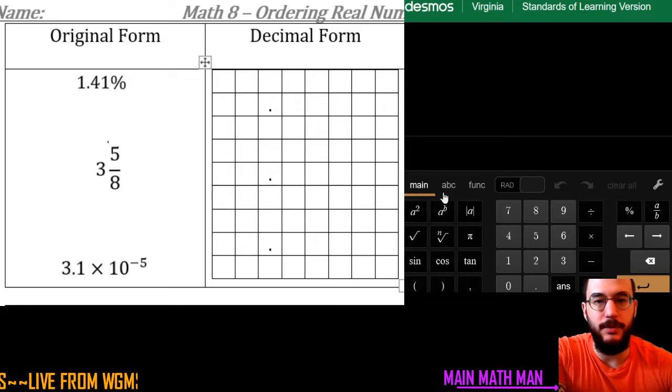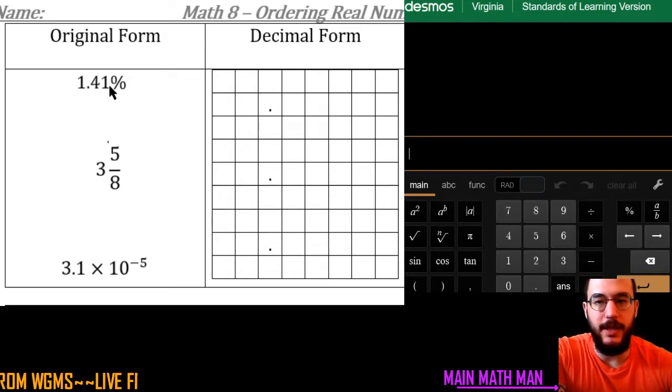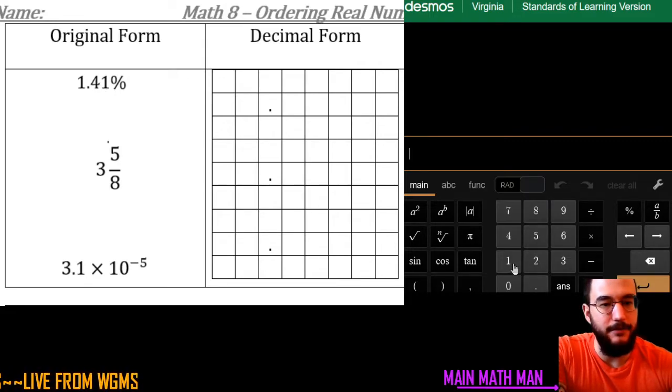So now, for that Desmos calculator, pull it up on that side. I'm going to change that 1.41% to a decimal. So how would I do that? Well, I have to have this entire value, 1.41, divided by 100. Again, it's percent. That means per 100.